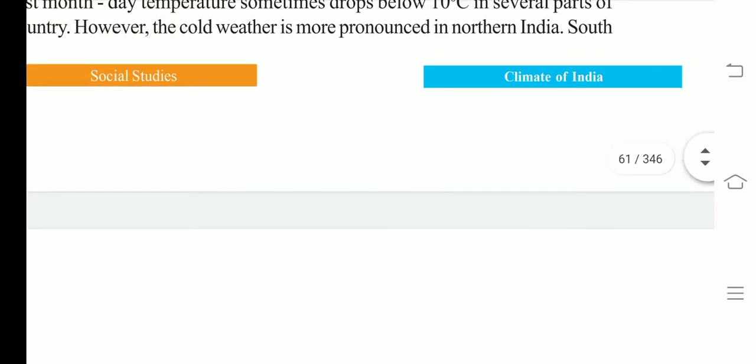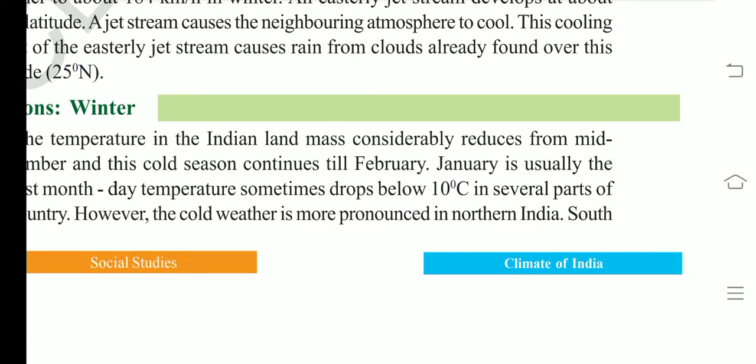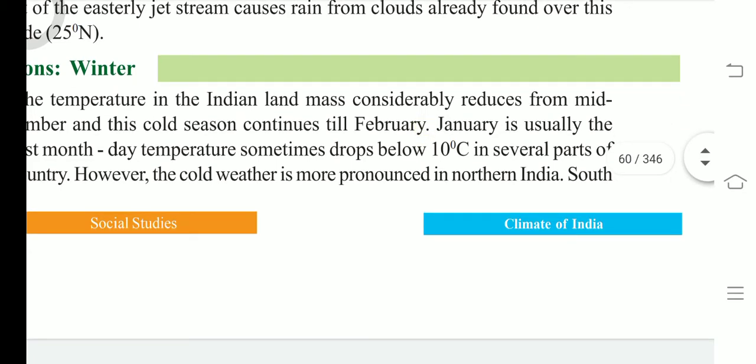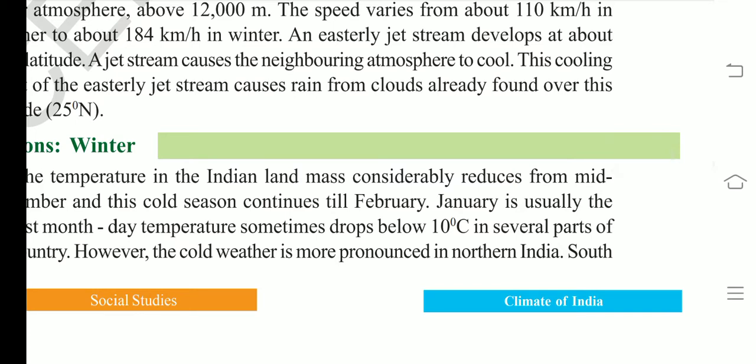Southern India is near the equator, and north India is far from the equator. The equator is low latitude, 0 degree latitude. So at 0 degree latitude the temperature is recorded high because the insolation is high. Moving from the equator to the Tropic of Cancer, we see that the temperature gradually decreases.